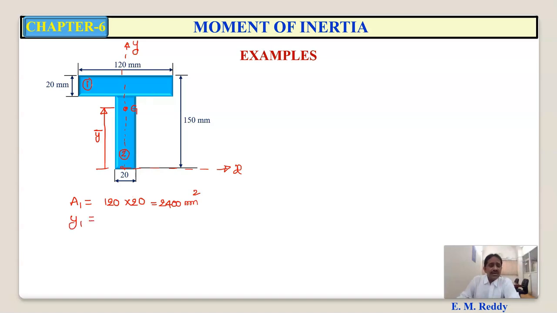The distance of the centroid of this upper rectangle from the x-axis. We know that the midpoint is the centroid, and its distance from the base of this rectangle will be 10. But we want the distance from the x-axis, right? So what is the distance from the x-axis to the base of this rectangle? Total height is 150 minus 20.